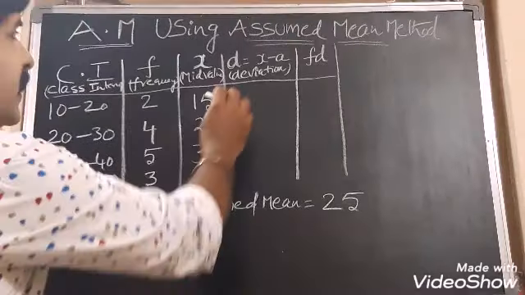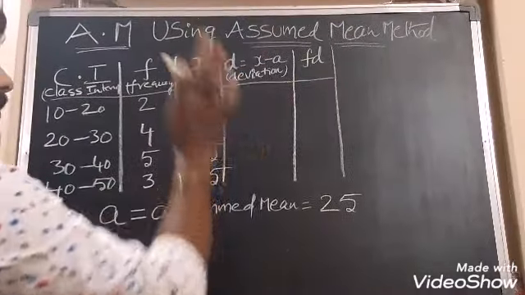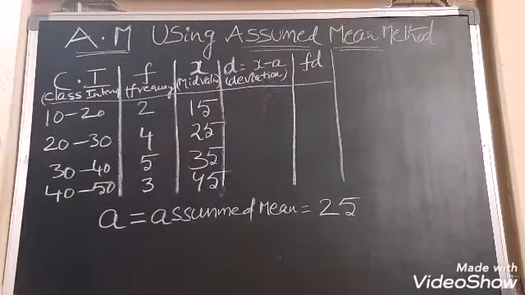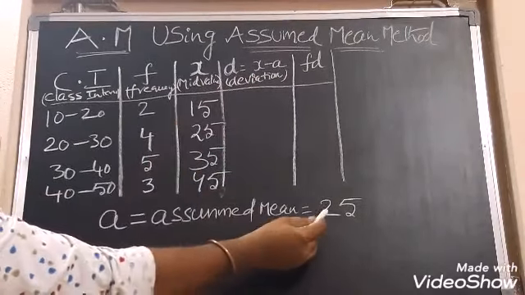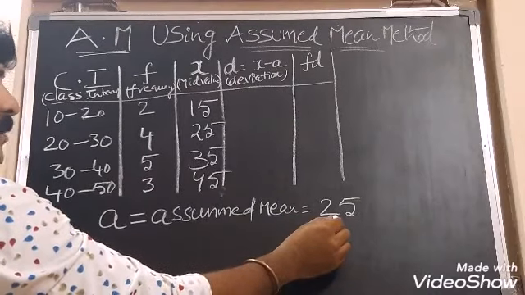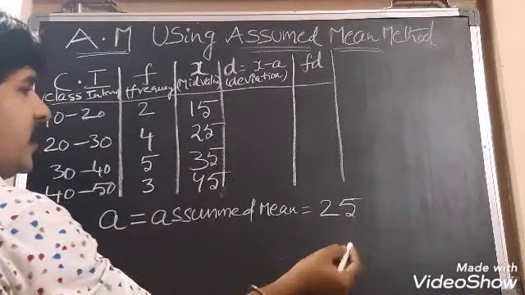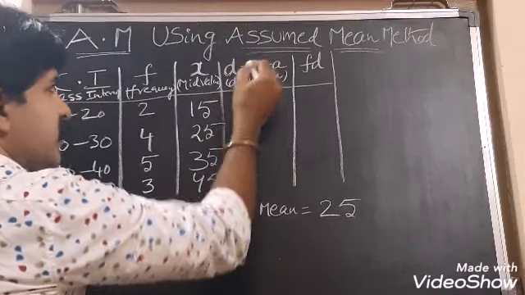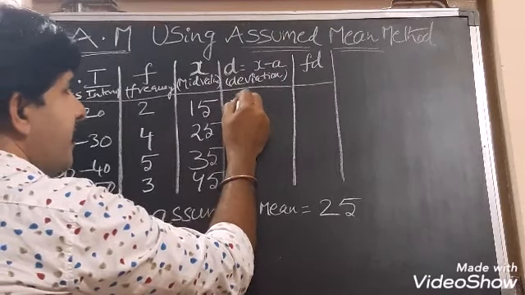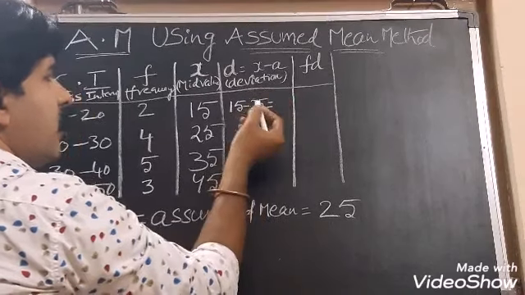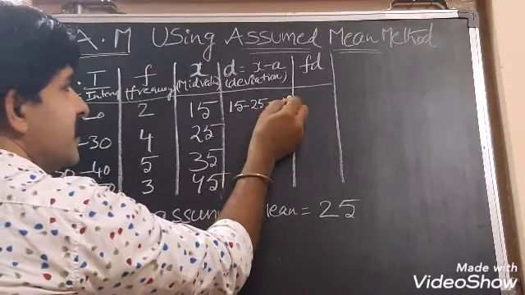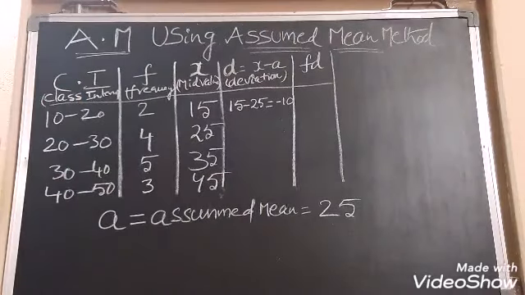Now you see D is equal to X minus A. What is D? Deviation. How does it come? X minus A. What is X here? The mid value. 15 minus assumed mean 25, that is equal to minus 10. Is it not?